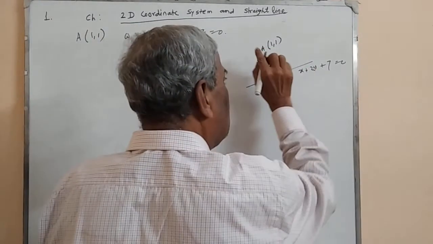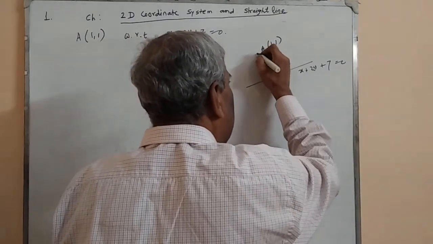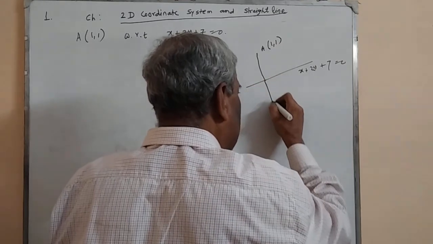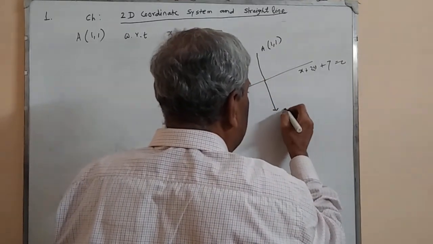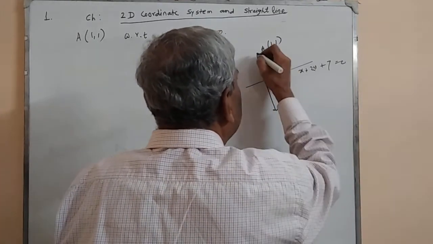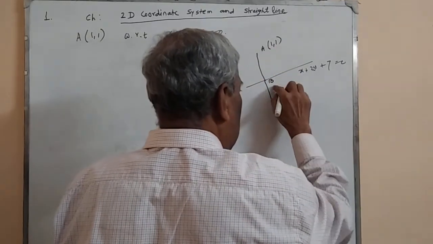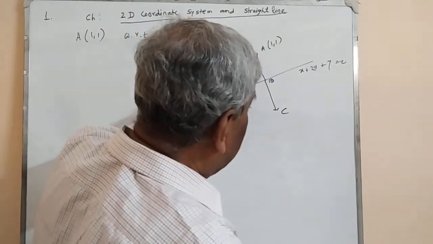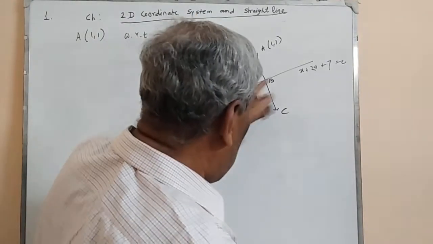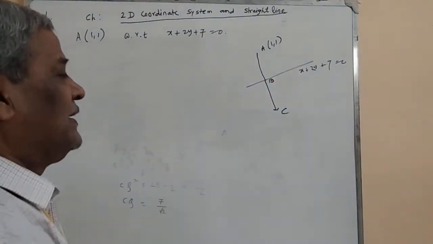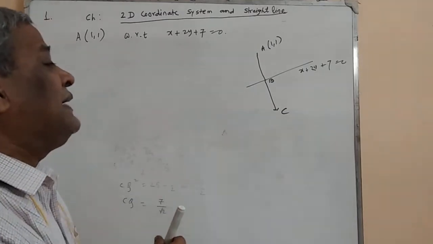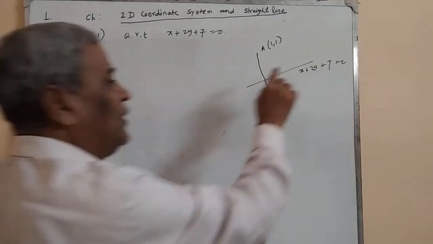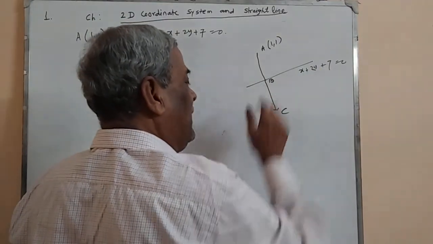For calculating the image point, draw a perpendicular on it and then produce it up to, say, C such that AB is equal to BC. So C will be the image point. Mind that this is the perpendicular drawn on that. Now take any parametric point on that for B.